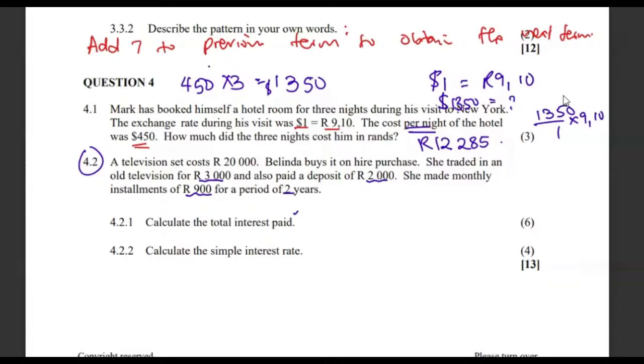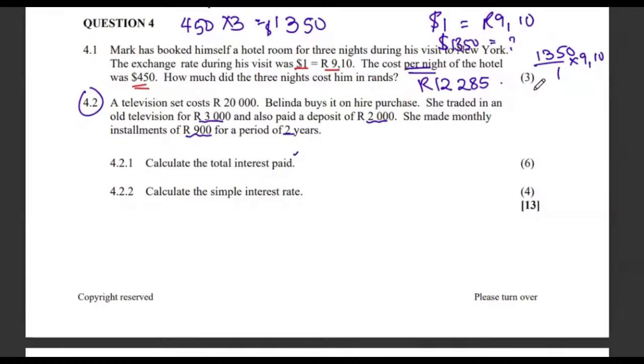Wow. Okay, so if Belinda decided to trade in this one, it simply means that out of the 20,000, she was supposed to pay, what's 20,000 minus 3,000? That's going to be 17,000.